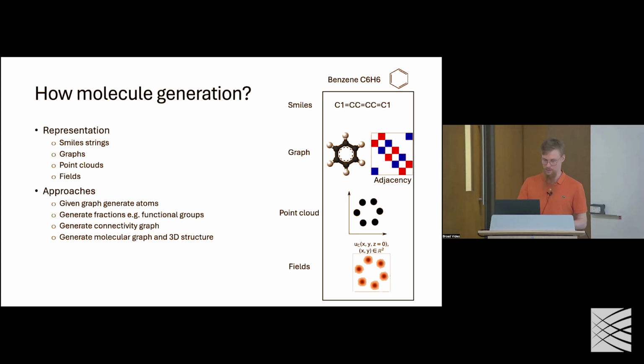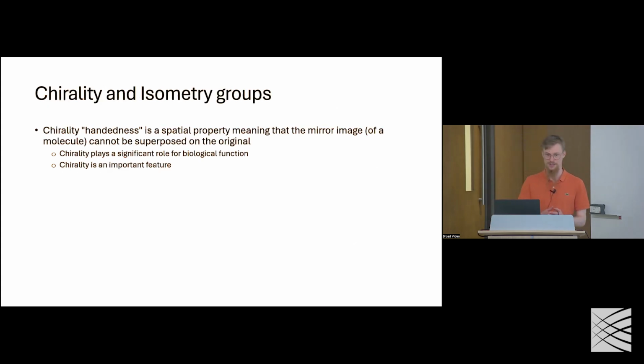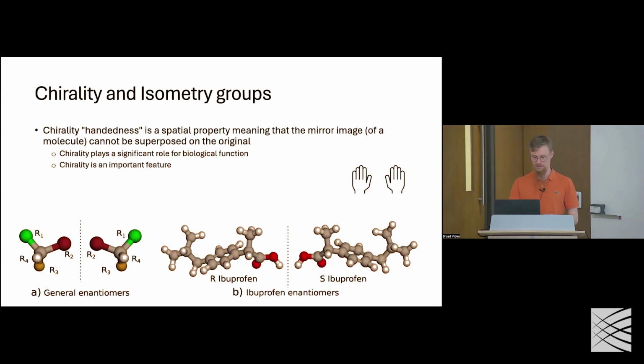And now one important thing is chirality. So this is handedness, and this is a spatial property that the mirror image of a molecule cannot be superposed on the original one. So it's exactly like your right and left hand. You cannot rotate your right hand, or translate and rotate your right hand to get your left hand.